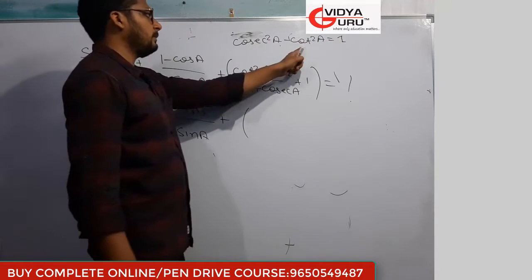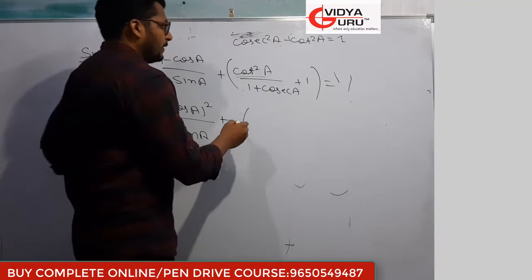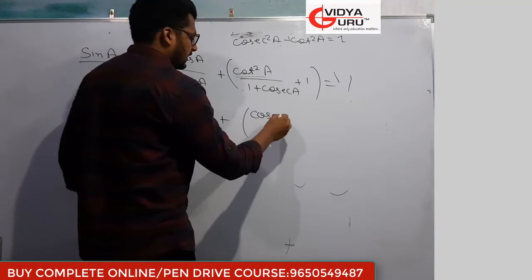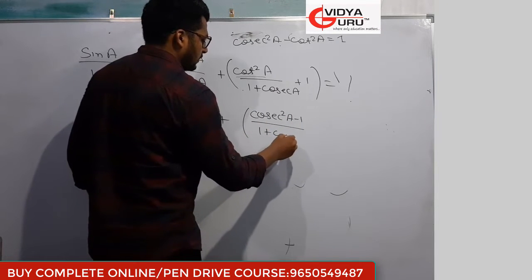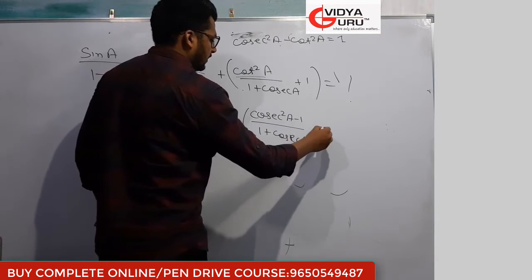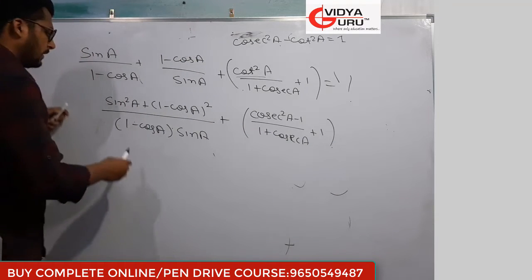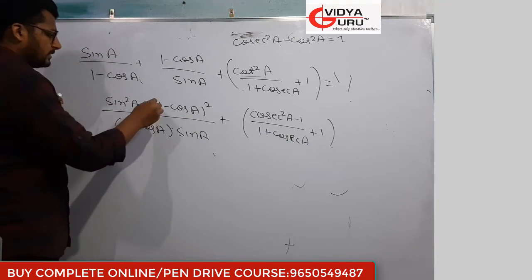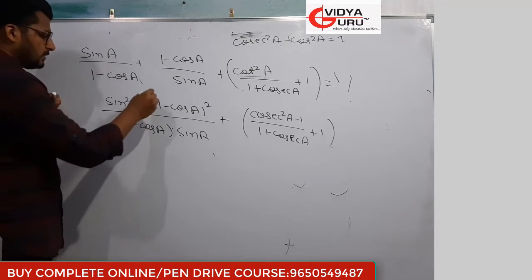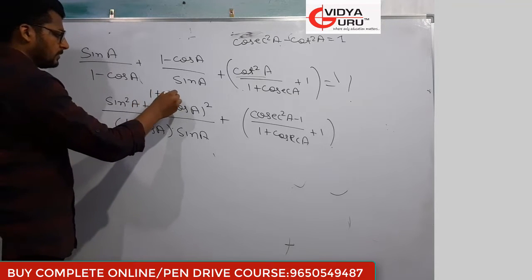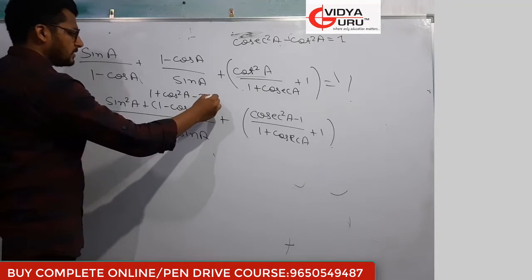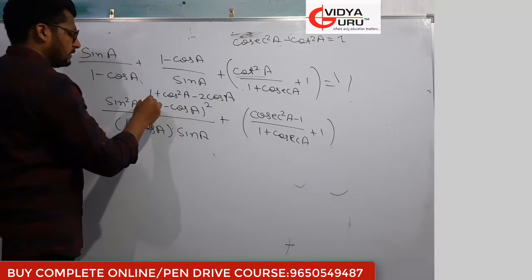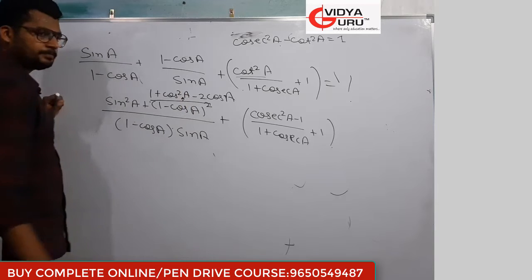So cot square A will be equal to cosec square A minus 1. Cosec square A minus 1 upon 1 plus cosec A, and plus 1. If I open up this, it will form sin square A plus 1 plus cos square A, using a square plus b square minus 2ab. This will be the value of this expression.